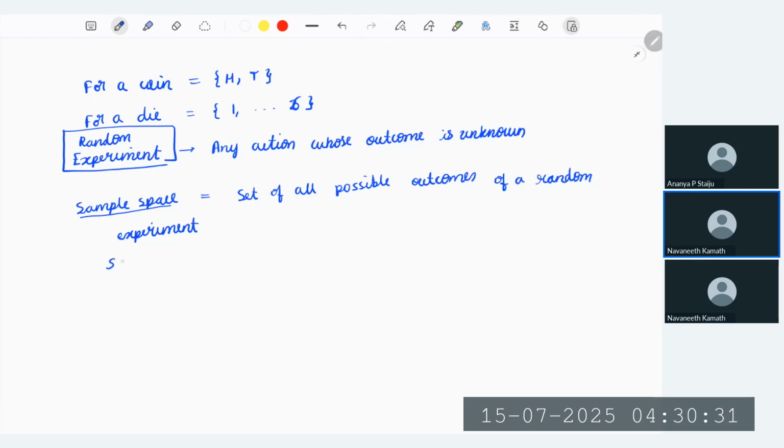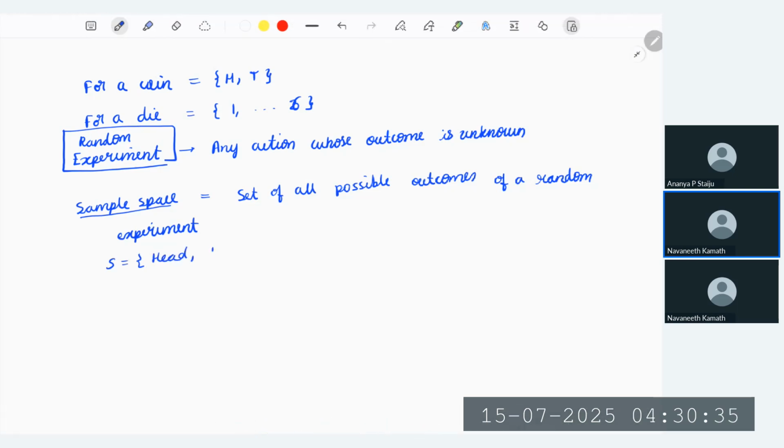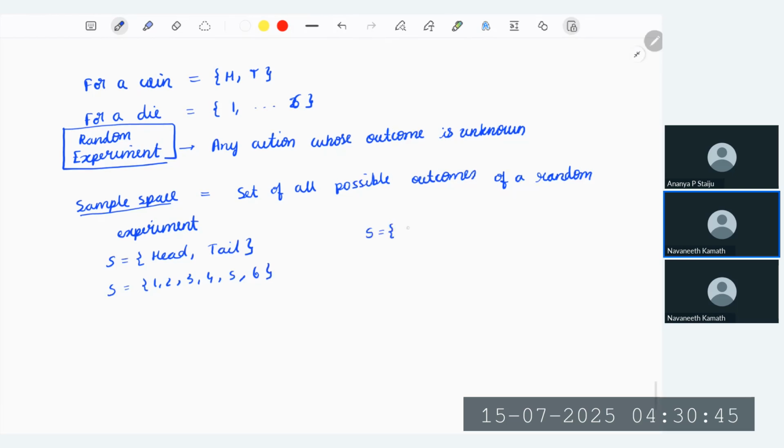For example, the sample space would be head and tail for tossing a coin. It will be 1, 2, 3, 4, 5, 6 for rolling a die. It will be something like king, queen, those things, for a deck of cards, multiple things. Okay, I know all the possible outcomes, I'm making a set of it, then it is called a sample space.